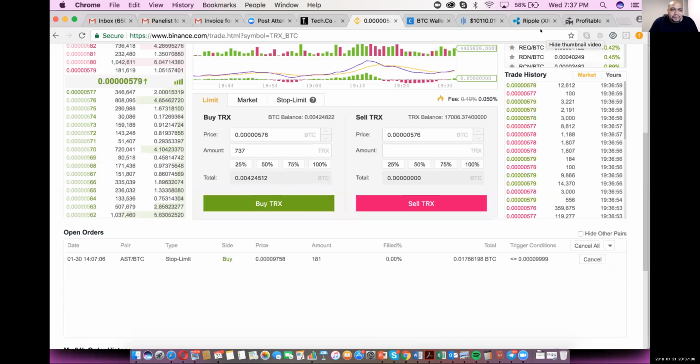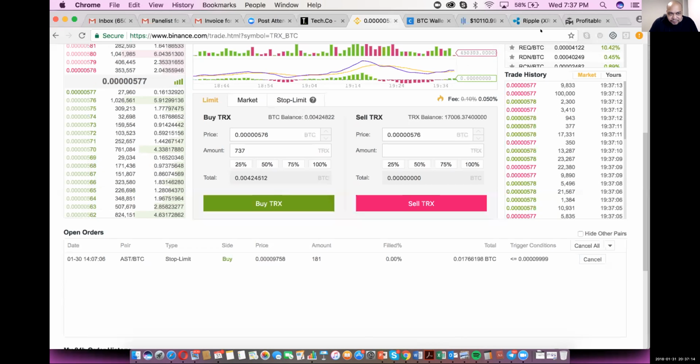Then you need an exchange to turn your base level cryptocurrency into your different altcoins. That's what an exchange is. An exchange would be something like Binance or Bittrex, to help you trade between the base level cryptocurrencies and between the altcoins. So you need both to get your money in and out.